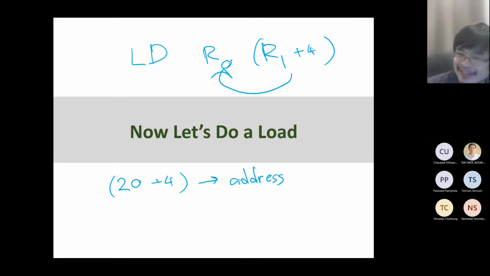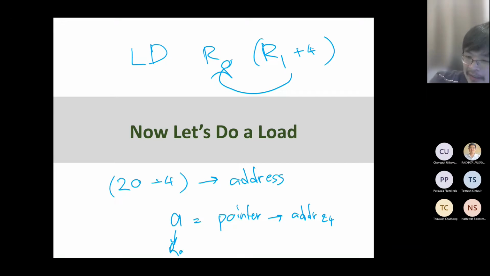It's the same thing as in C code, a pointer that points to address 24. I have address 24 and I want to load that into my R0.